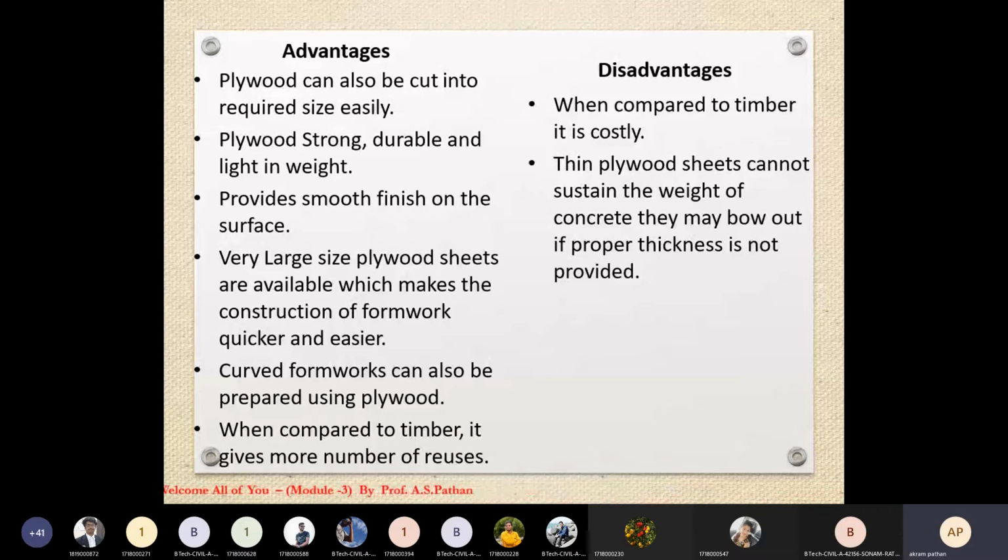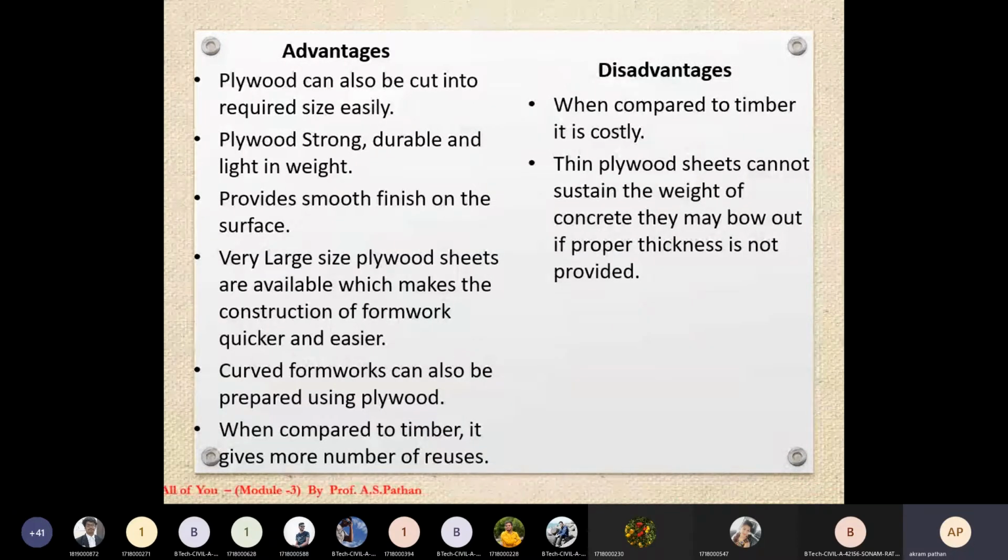It also has certain disadvantages. Compared to timber, it is costly. The initial cost of plywood formwork is more than that of timber formwork.